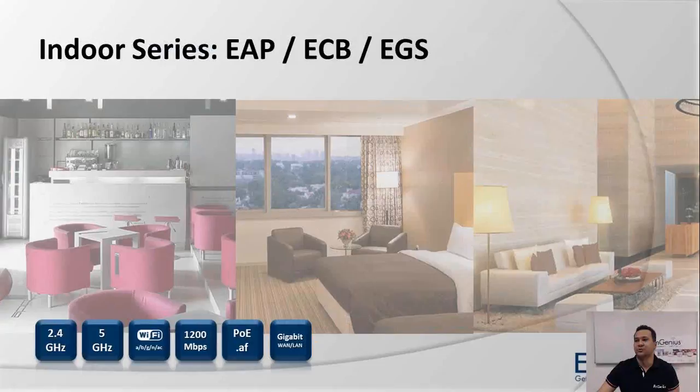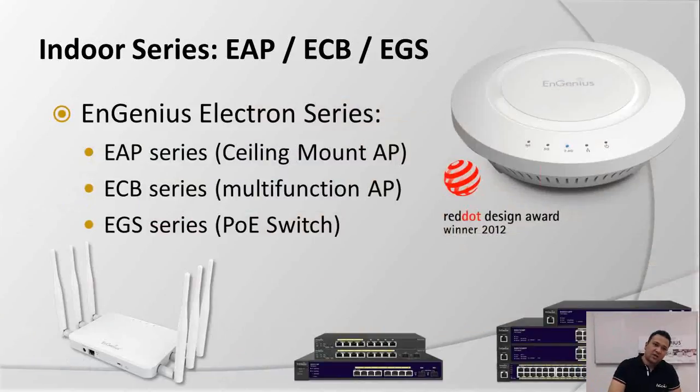Okay, so next I would like to go through our indoor series. How can we use our indoor series in wireless deployments? At EnGenius, we have 3 indoor series: the EAP series, which are ceiling mount access points, the ECB series, and the EGS series.